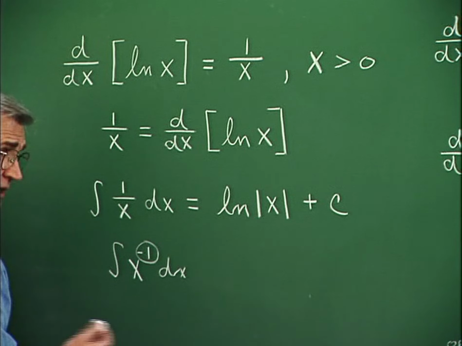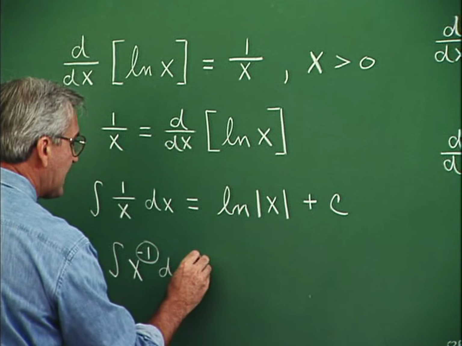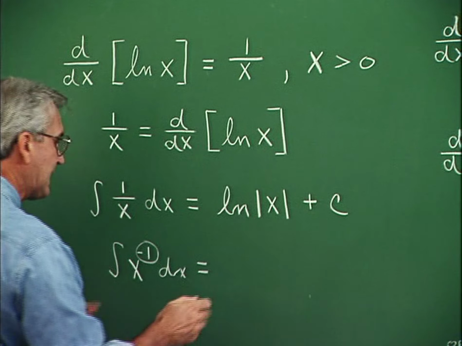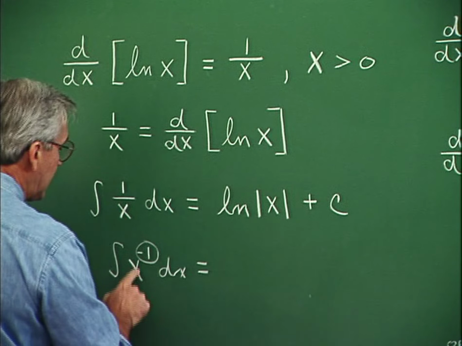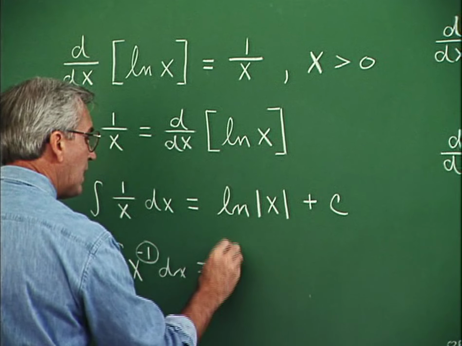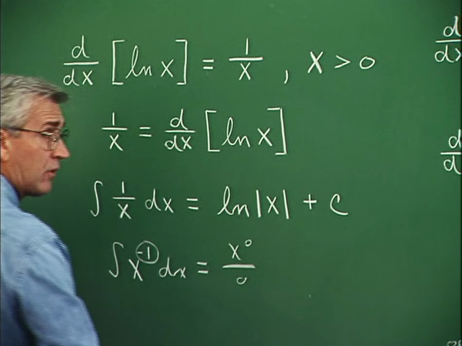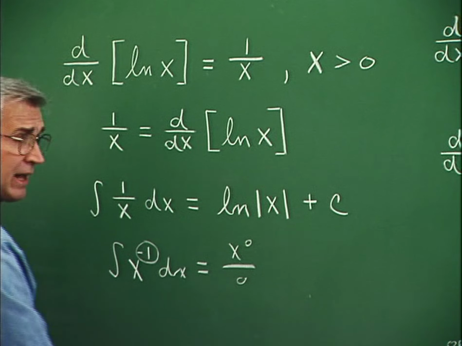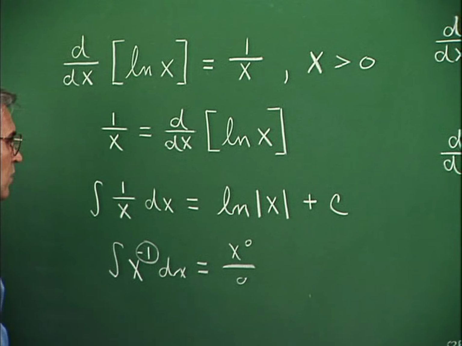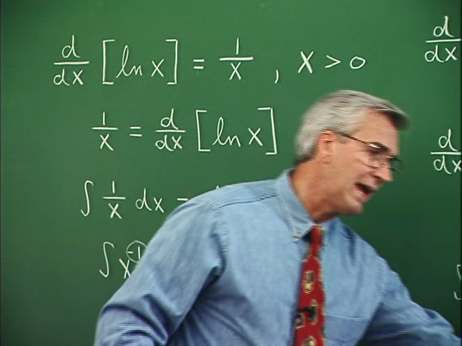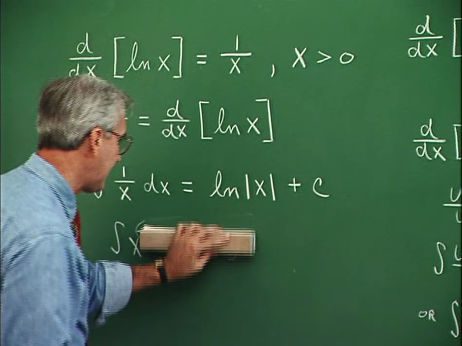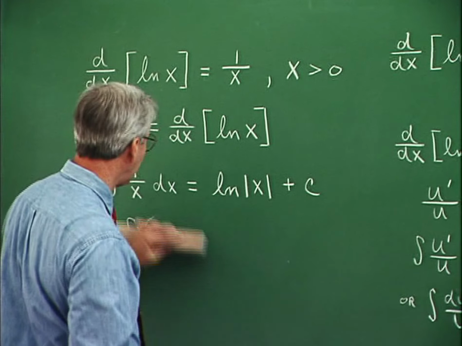If we tried to apply it, we would increase the exponent by 1 and get 0, and then 0 in the denominator. That 0 in the denominator is the big problem here. At any rate, we have a way of integrating, and we'd like to generalize the idea.